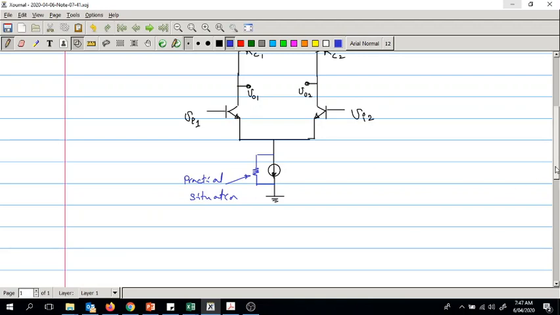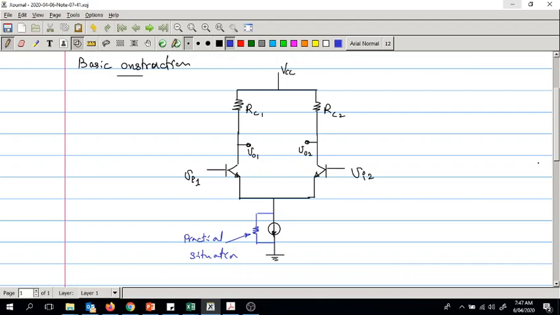So this is our amplifier, the basic construction. As I already said, there will be all other biasing circuits coming into play to bias the bases and so on. They are not biased at the cutoff, they are biased at the midpoint, so that the operation is linear.